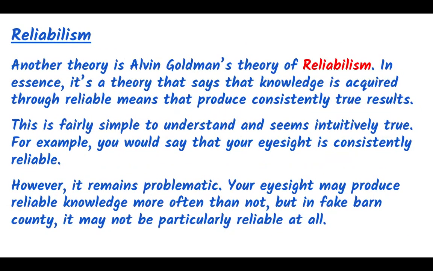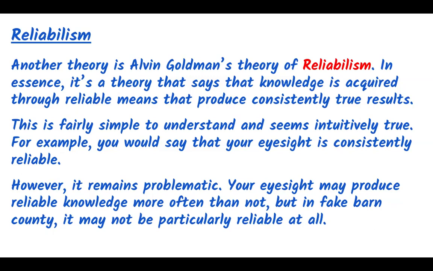The next theory that comes along is a theory proposed by Alvin Goldman, and it's called reliabilism. Basically, it's a theory that says knowledge is acquired through reliable means that produce consistently true results. As an argument, it seems to be fairly simple to understand, and it does seem to be intuitively true. For example, you would say that your eyesight is a consistently reliable source of knowledge.